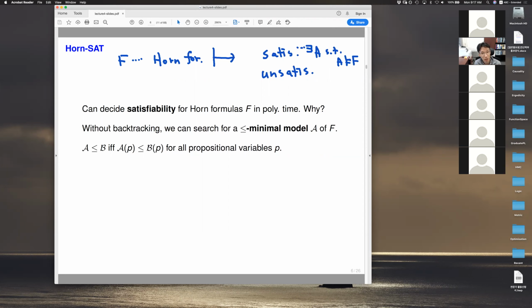I'm going to make what I mean by best much more precise by using this order, the so-called minimal model. So the high-level intuition is that if Horn formula f is satisfiable, there is a best satisfying assignment. So then the design of the algorithm becomes substantially easier.